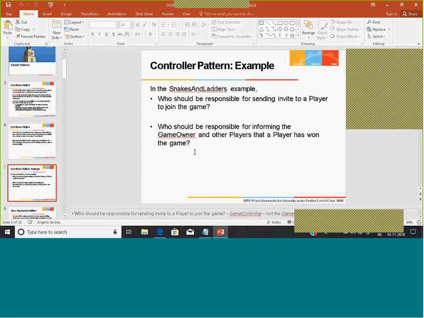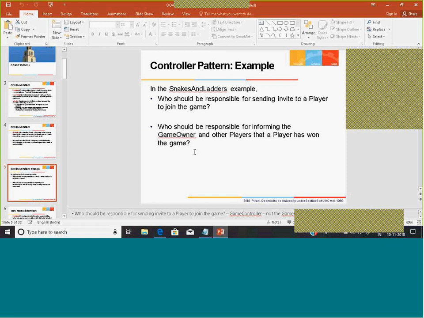If I can draw an analogy of this pattern with one of the Gang of Four patterns, you would understand that this pattern is somewhat closer to the facade pattern that we discussed in the Gang of Four. The facade pattern also aims to put up a main system which fronts the various other subsystems in the entire system and takes the responsibility of sending messages or delegating tasks to them.